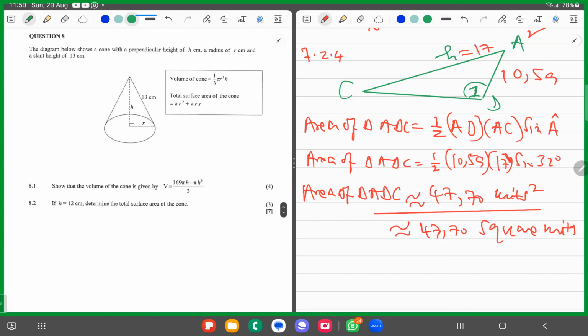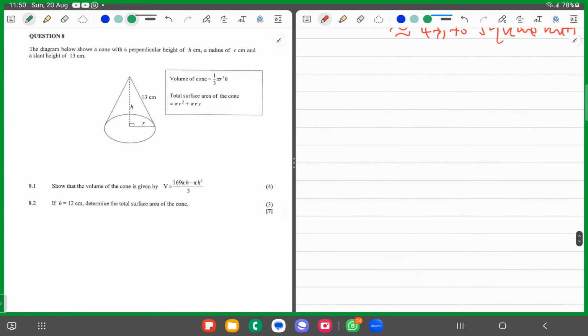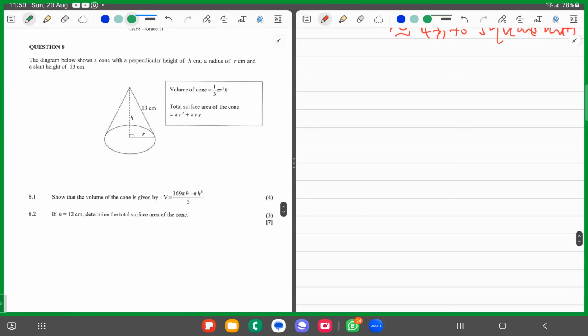Question 8, we are doing another section, and this section is on mensuration. So we're looking at question 8.